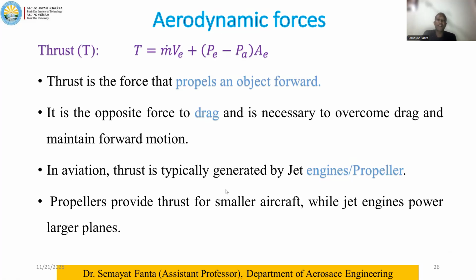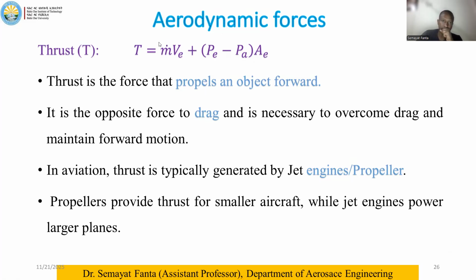Propellers provide thrust for smaller aircraft, while jet engines power the large aircraft. Boeing aircraft and Airbus use jet engines, but small aircraft like Bombardier and Cessna may use propellers to propel the aircraft forward.